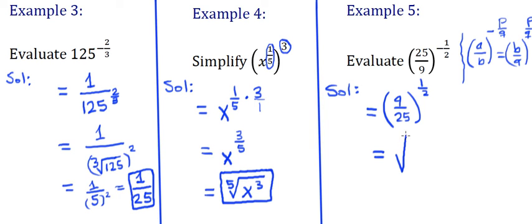So this will be a square root. Remember, the index 2 goes here. We don't need to write the index 2. So we're dealing with the square root of 9 over 25. And the square root of 9 is 3. The square root of 25, just 5. And then we're looking here at the final answer.